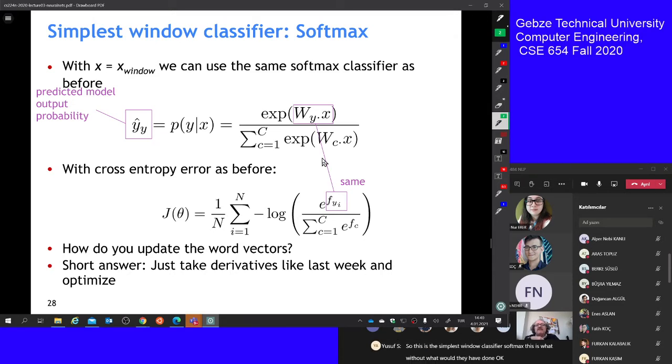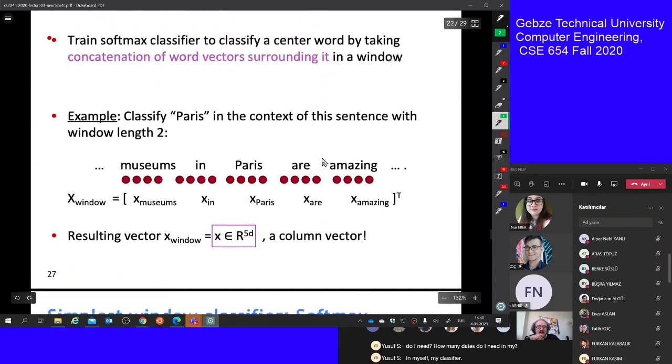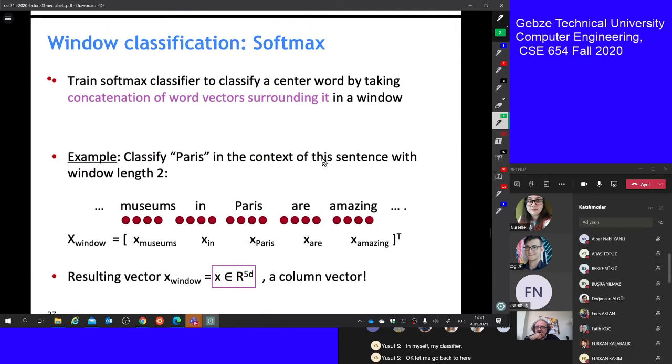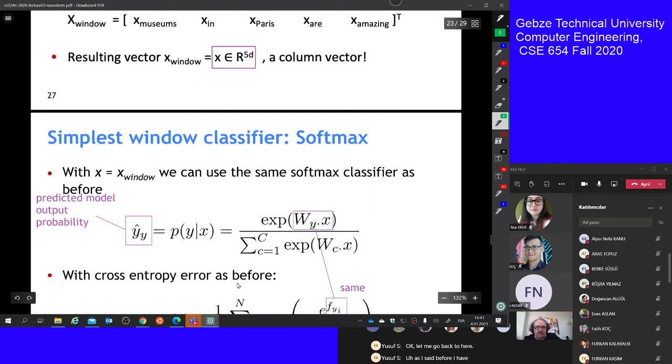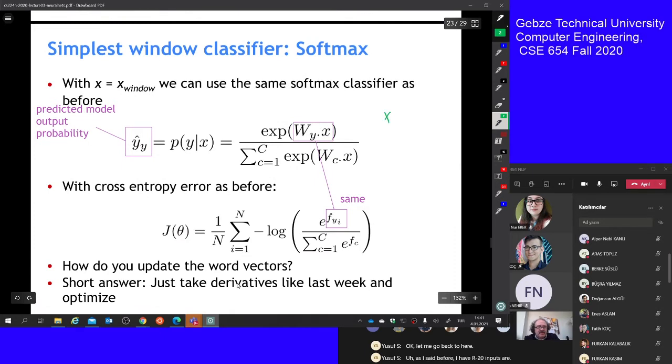If you are doing this with softmax, how many parameters do I need? How many weights do I need in my softmax classifier? Let me go back to here. As I said before, my inputs, the X's, are in R^20, 20-dimensional vectors.